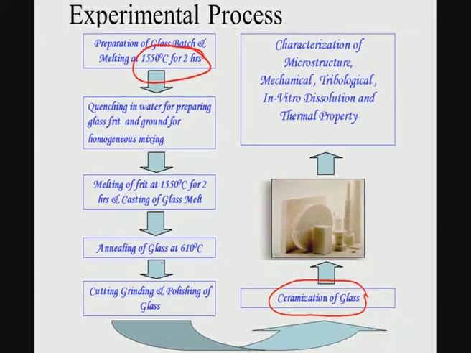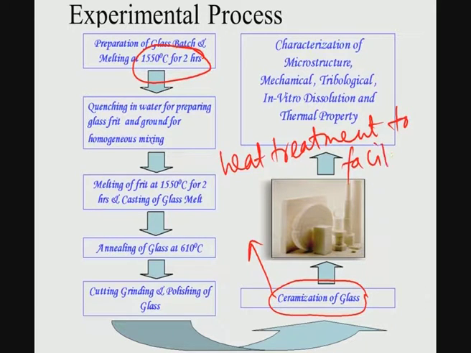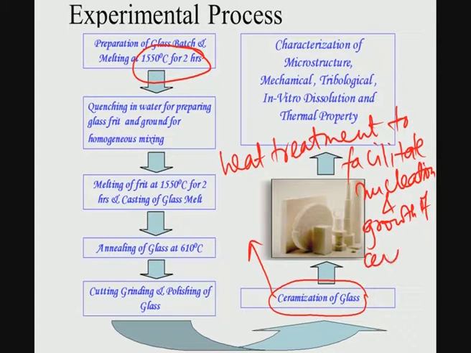What is ceramization? Ceramization is the heat treatment procedure which enables the nucleation and growth of the ceramic phase in the glass matrix. So, ceramization is essentially a heat treatment to facilitate nucleation and growth of the crystalline ceramic phase in the glass matrix.